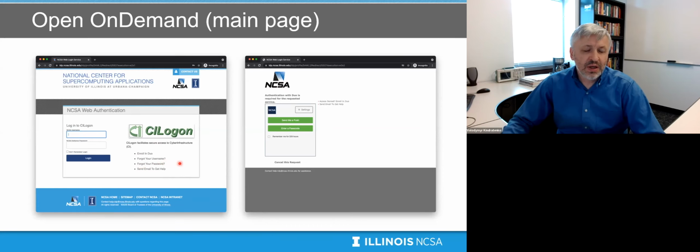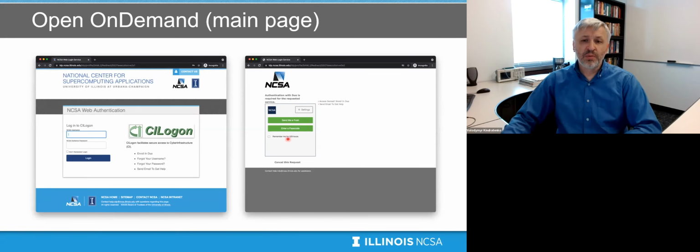You need to have an account in the NCSA LDAP system, which you will get when you request an account on the whole system. You log in through that interface. This also requires second factor authentication, so you will have to set up a second factor authentication mechanism of some sort. Typically, it's your cell phone running a Duo application.